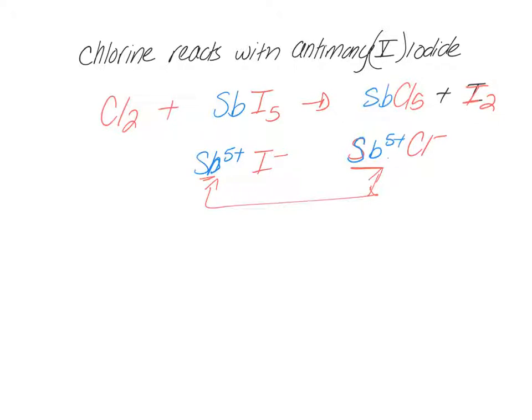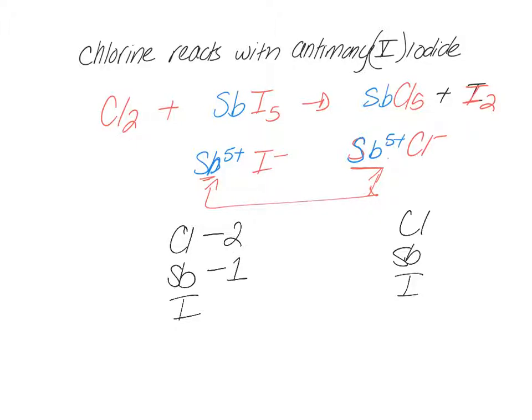So you might want to make the list underneath of Cl, Sb, and I, Cl, Sb, and I. So on the reactant side I have 2 chlorine, I have 1 antimony, and I have 5 iodine.